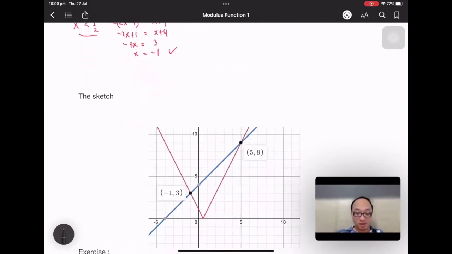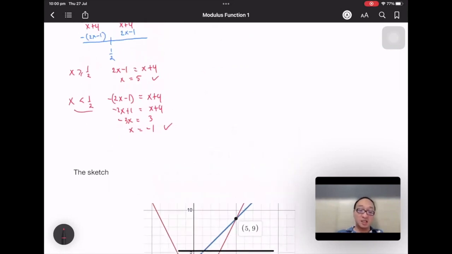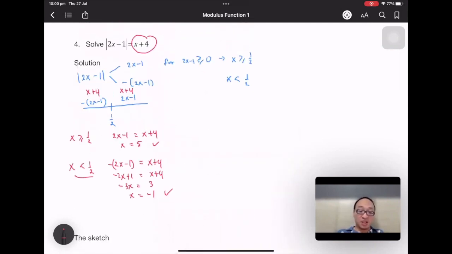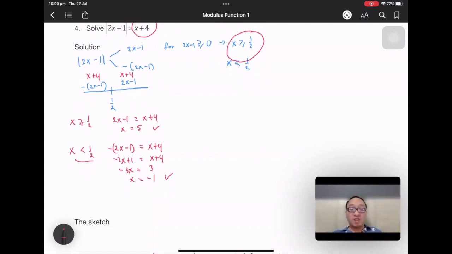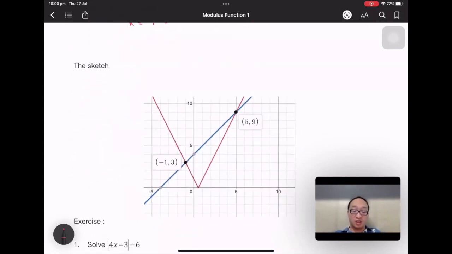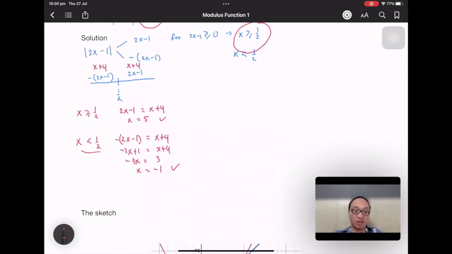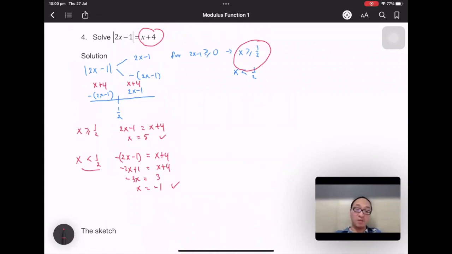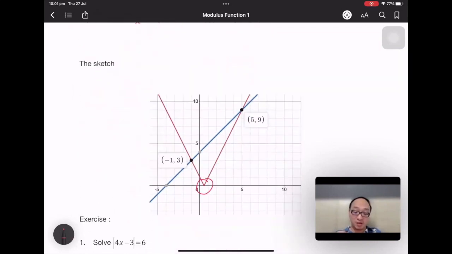So if we use the sketch, we can see that the zero is one half. So we can draw it, put the half at the x-axis. And then we draw the line x plus 4. That's the blue one, y equals x plus 4.